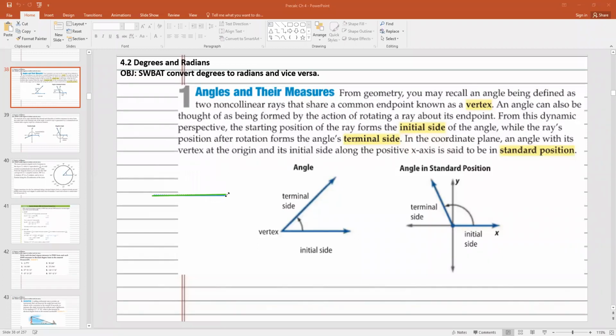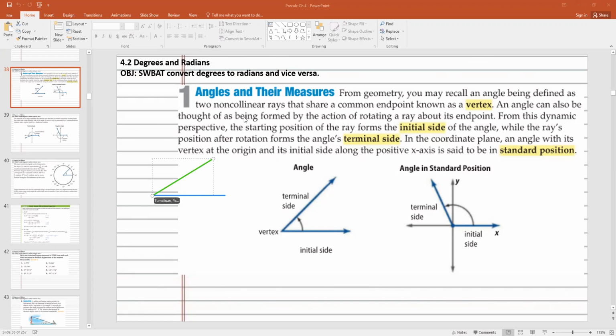So imagine the blue one is the initial side, and then the terminal side is the one that's moving. So that's the one that's determining how big the angle is going to be. All right. So the green side is the terminal side, the moving side basically, and the initial side is where it originated from.